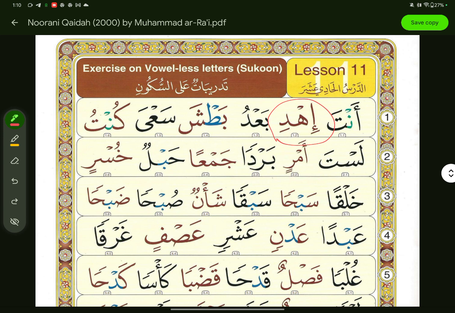So we're not dealing with English; I'm just using English to give you some reference to the sounds of letters. So E. Next letter there is Dal with a kasra, that's D. So Ihdi, like Ihdina sirat al-mustaqim. You understand that so far, right?